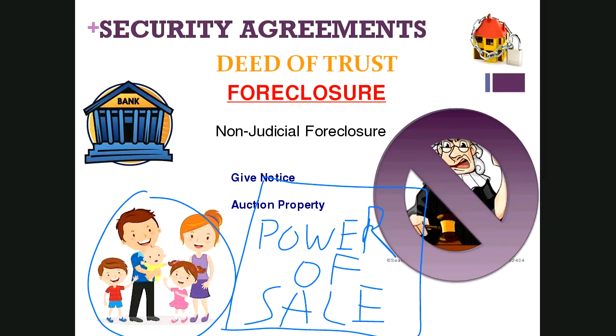So if you don't pay the debt, or if you default under the deed of trust, the bank can sell the property and you've given your permission. So very streamlined process. You can have this done in 90 days in some cases, very quickly because all the steps have been taken out of it, right? You sign the document, you give us power of sale, you don't pay, we can auction your property. Very streamlined.